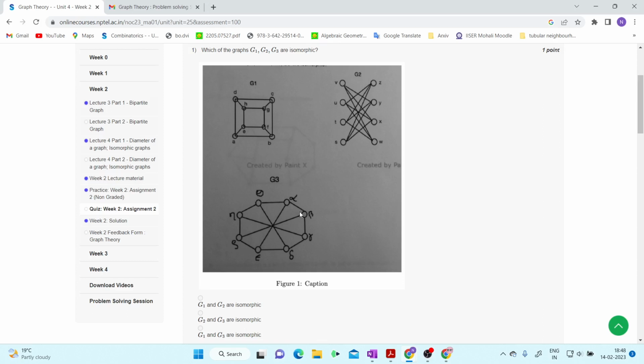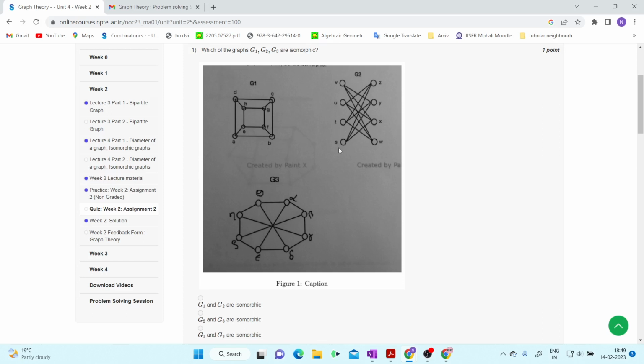I think G1 and G2 were coming out to be isomorphic, because you can see that this will also be bipartite. So that is fine. But can you say why G3 is not isomorphic to G2?